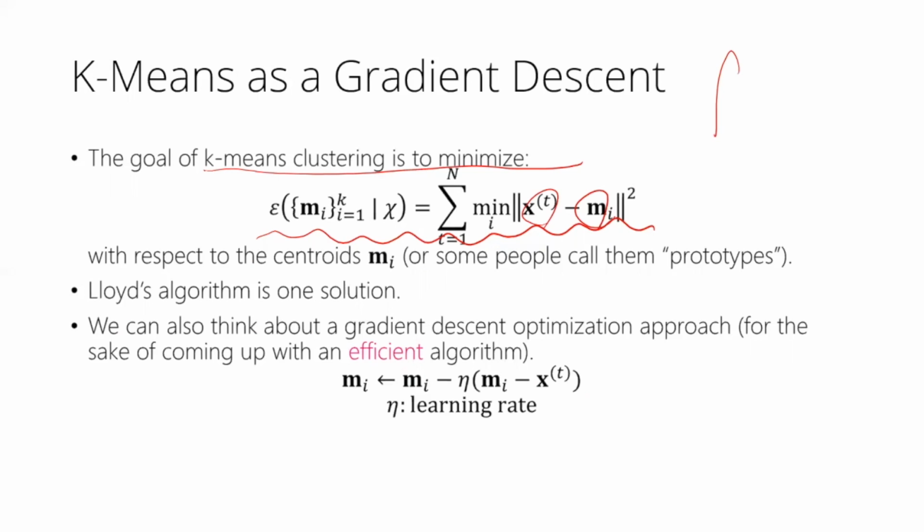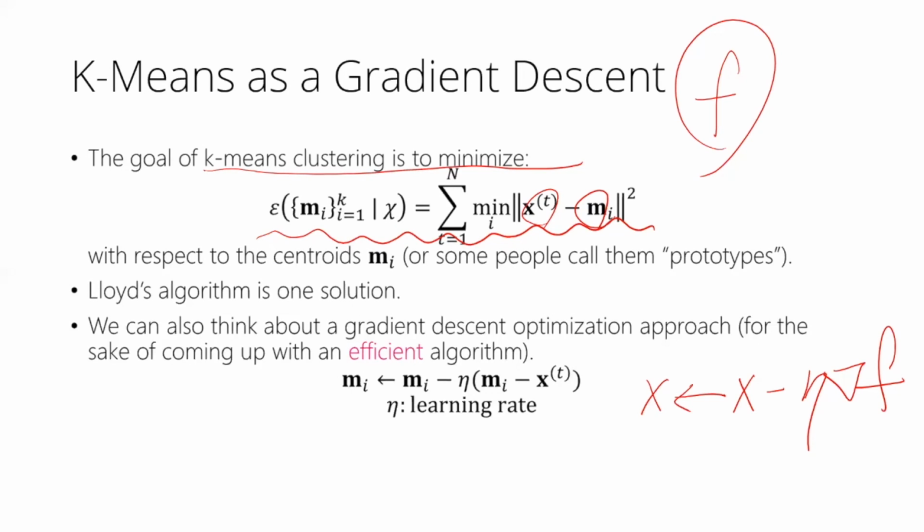Let's say f is the function that you want to minimize. The gradient descent algorithm says: start from some initial condition x, and then update x by using the gradient value. Some coefficient times the gradient of function f is going to give you a better value than the previous x. And as you repeat this process over and over again, you're going to converge to an optimal solution. So that's what the gradient descent algorithm is about.